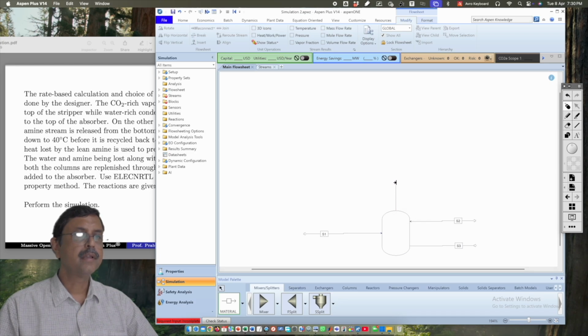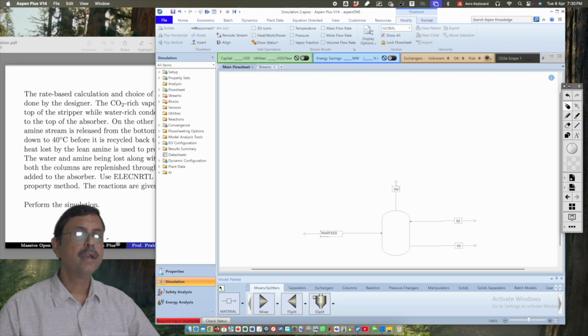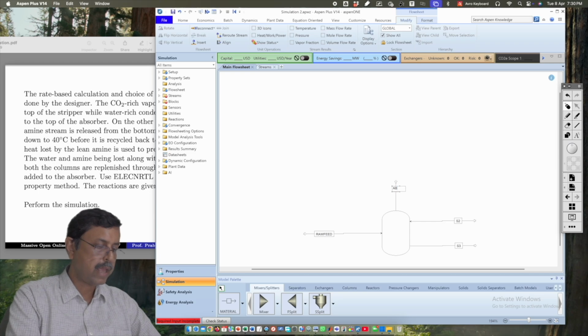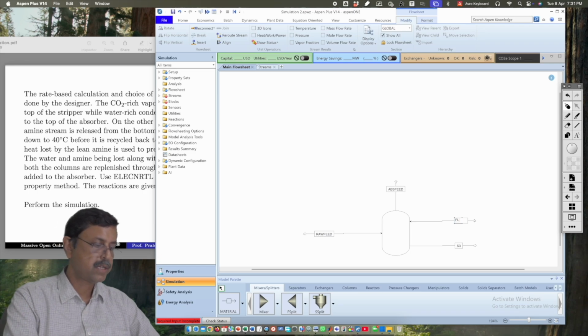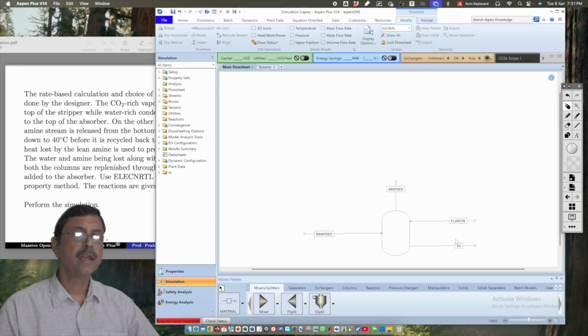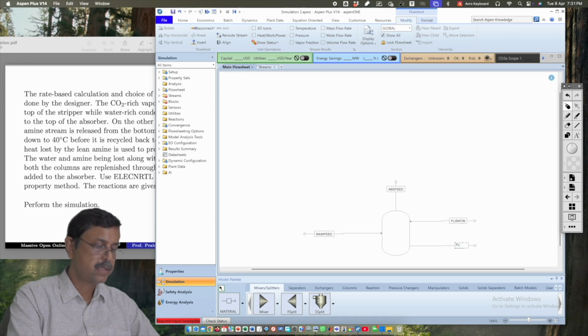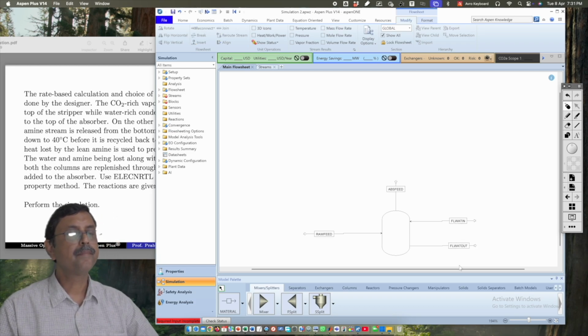And this is the stream which is going out. So this is the gas stream. We'll call it raw feed. And this we'll call absorber feed. This one we'll call flash water inlet. And this one we'll call flash water outlet. Okay.